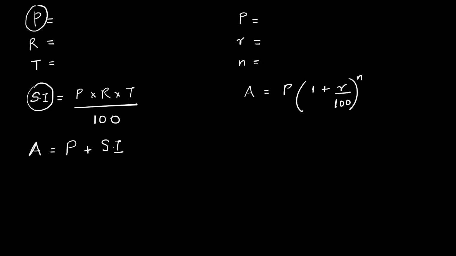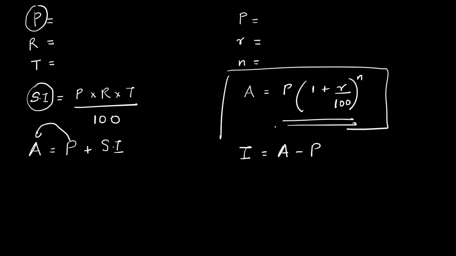So we will not be using the simple interest formula, we'll be using this. If I want to find out how much is the interest, all we have to do is take P over there. So A minus P will give me the interest. That is, the amount that we got from compound interest minus the principal will give me how much is the interest. So I want everyone to note down this formula.